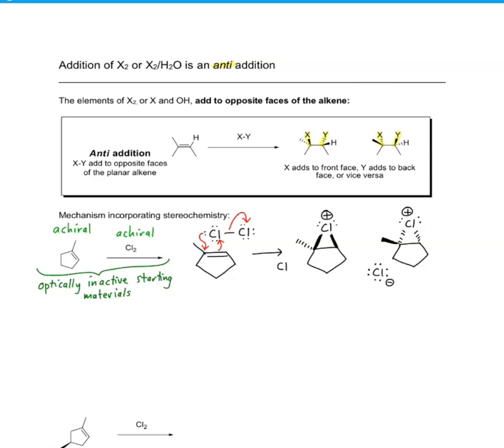So let's put those in as well, because this is the nucleophile, and so we need to have that in there. Okay, so this here is our nucleophile. The chloronium ion itself, the entire thing, is the electrophile.